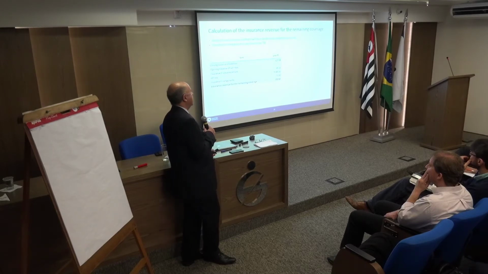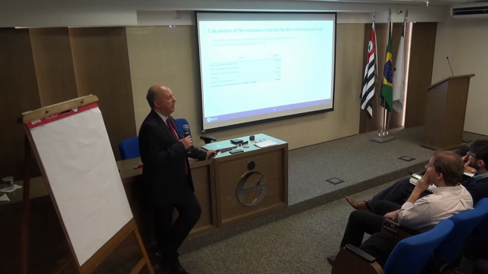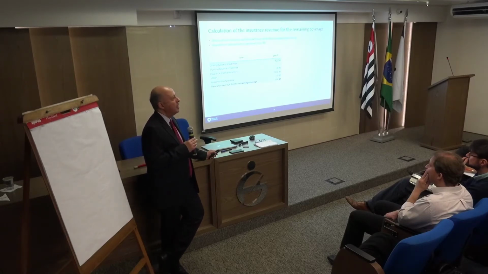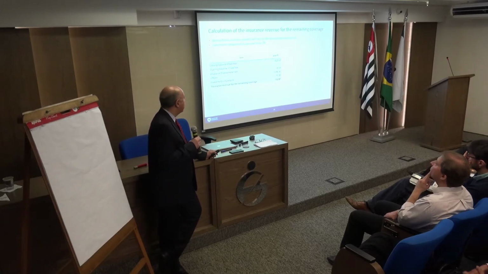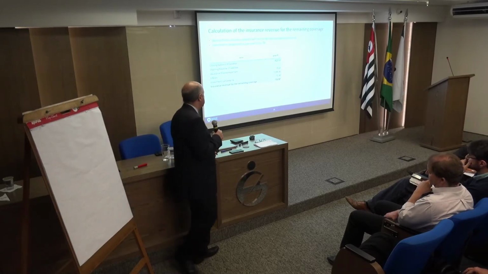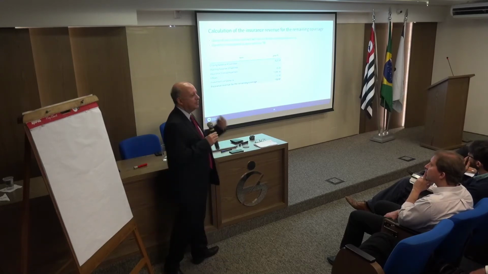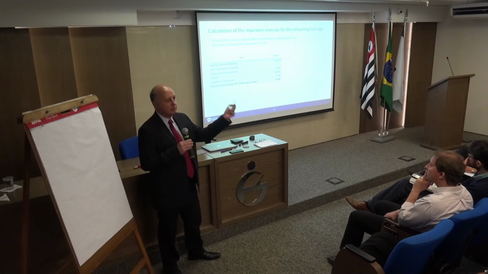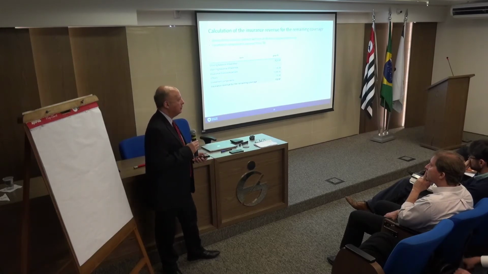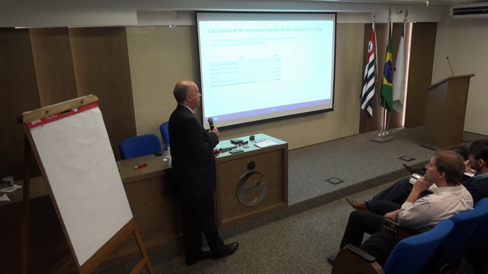Okay, so again, this is very similar to what we did in the past. We do the reconciliation of the insurance revenue for the remaining coverage. Okay, but here we have the investment components, and again we say this is an assumption in our example. In real life, I will have to calculate it.